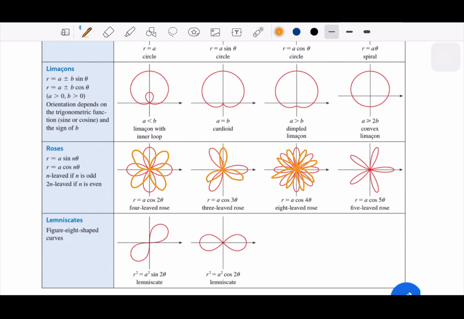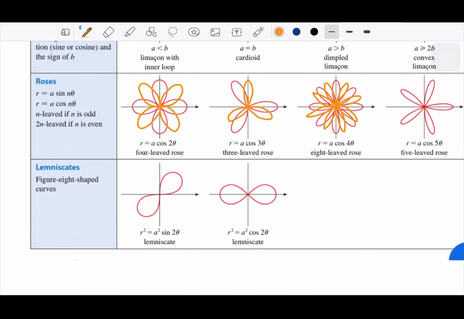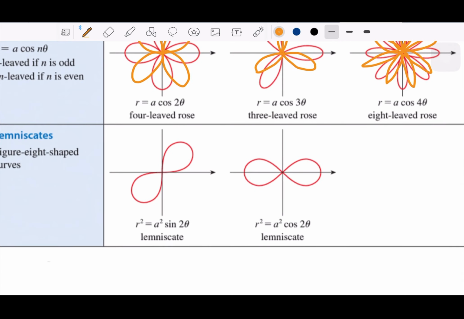And the last one is the lemniscate. It only has two typical forms, the sine form and the cos form. The formula is just a squared sine 2 theta. And just these two forms.